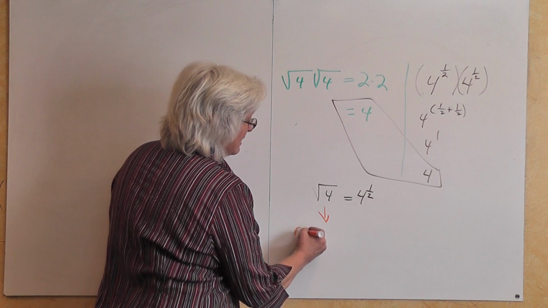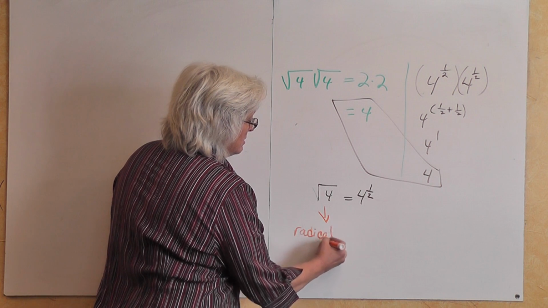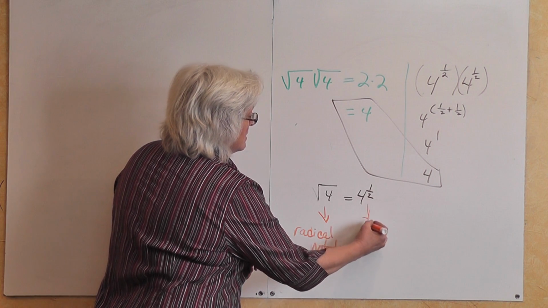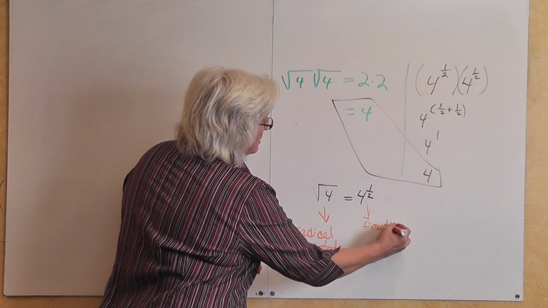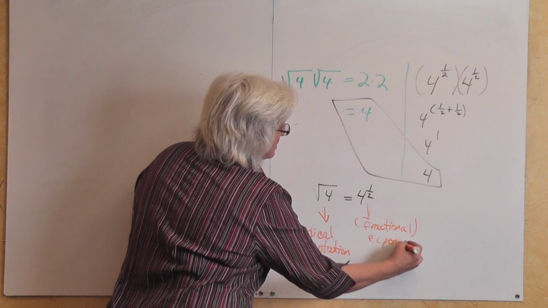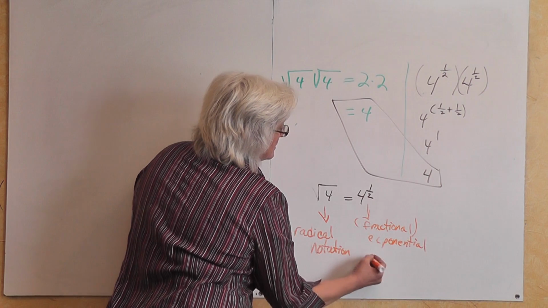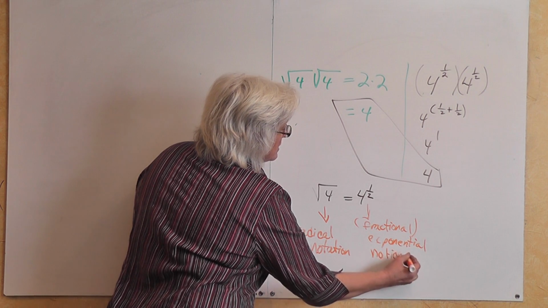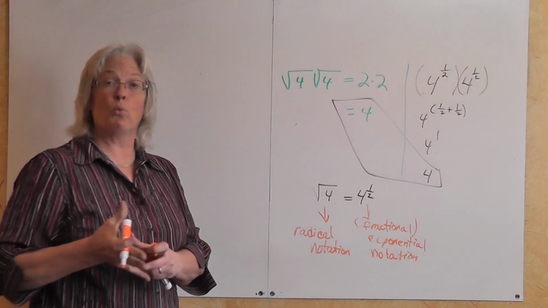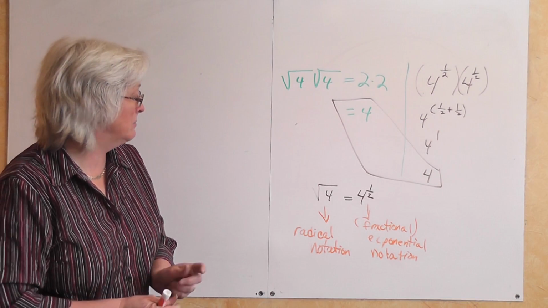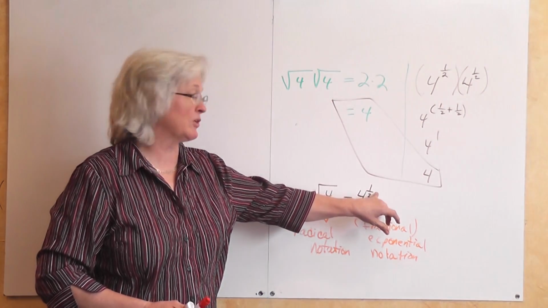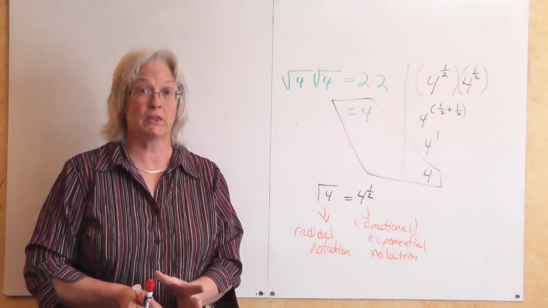Square root of 4 is what they call radical notation, and this is exponential notation, with a fractional exponent. 2 different ways of expressing the exact same value. They mean the same thing.